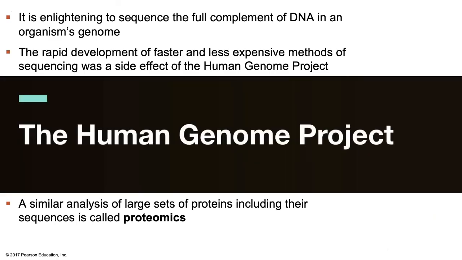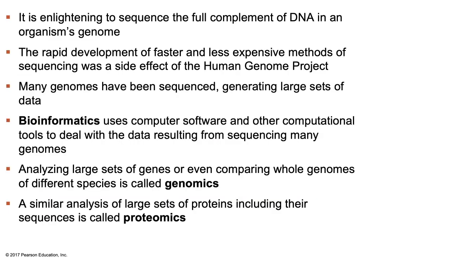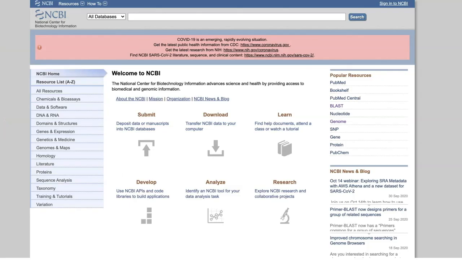In 2007, the Human Genome Project completed the first full sequence of the human genome, a passion project that took nearly 20 years. Since then, science and technology have synergized for rapid development of faster and much less expensive sequencing models. To date, thousands of genomes have been sequenced, generating large sets of data, and you can find any of these genomes through a website called NCBI.